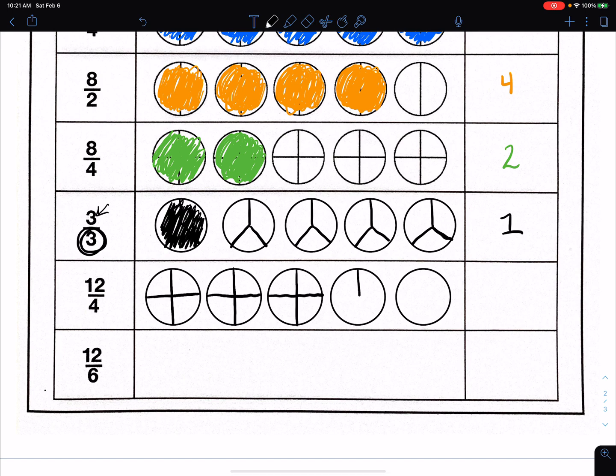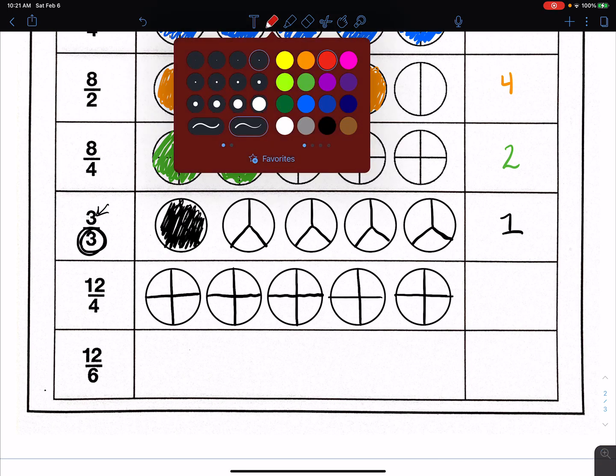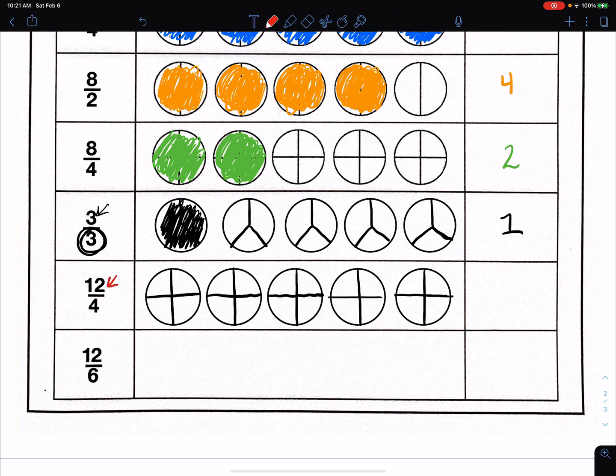Doing my best to keep my pieces even. And now I need to shade 12 parts. So 4, 8, 12. I chose to skip count.